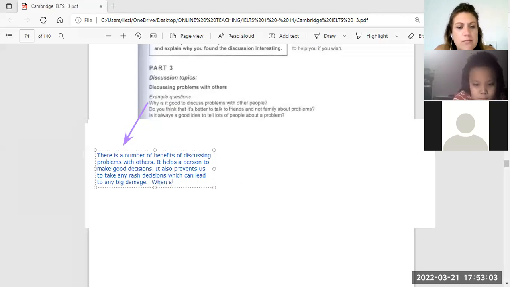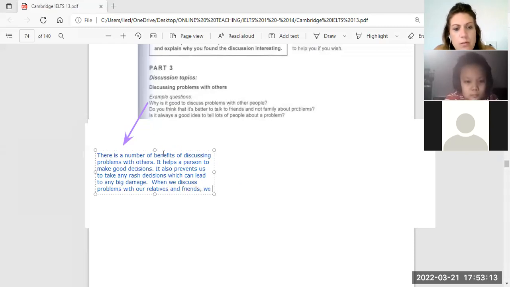When we discuss problems with our relatives and friends, we can learn about various aspects of a problem and find solutions together.